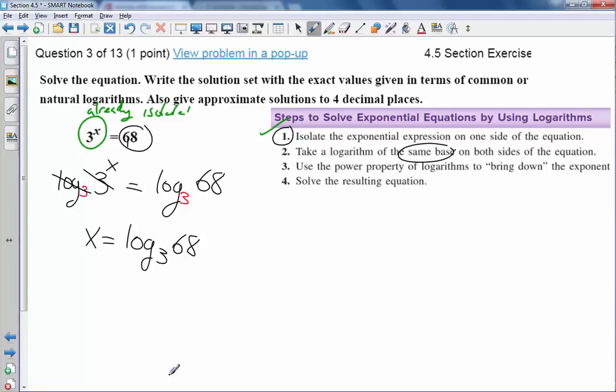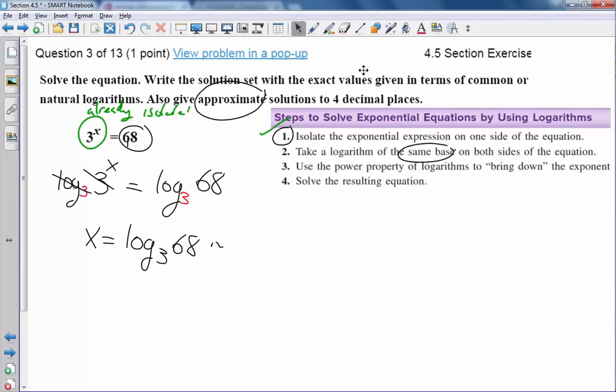Mathematically, when I ask you to solve this equation, this is your final exact answer. But not in this question, because they don't want just a solution. This is the exact value of the solution. They also want in part 2 an approximate solution up to 4 decimal places. So the question is over, but they still want to see some decimal value of this thing.